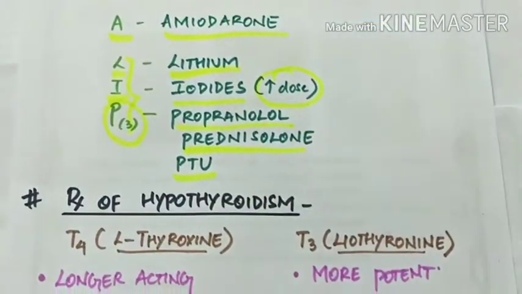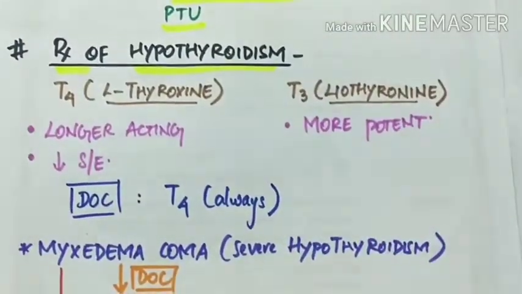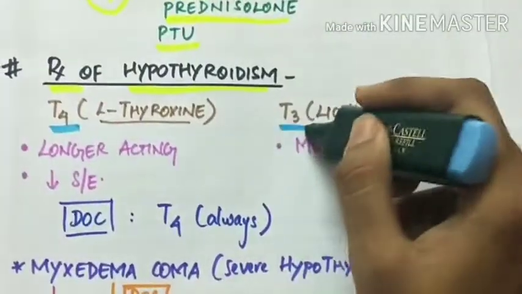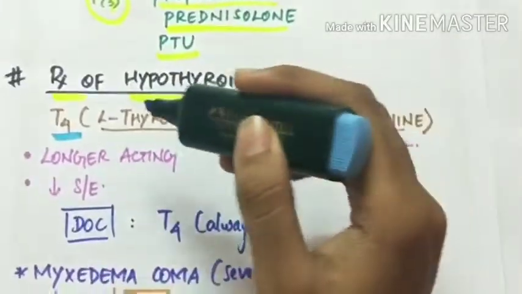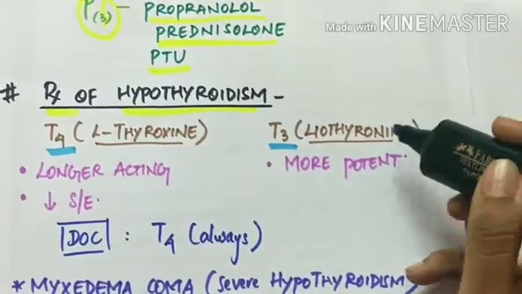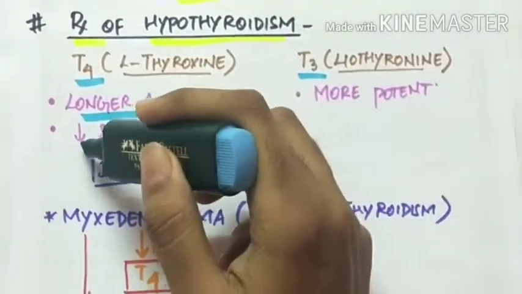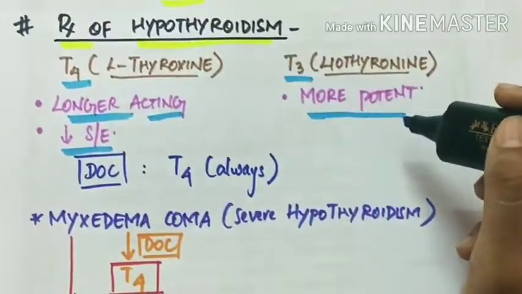Next, let's see about the treatment of hypothyroidism. T4 and T3 are used as treatment. The T4 is L-thyroxine, T3 is liothyronine. So T4 is longer acting and it has fewer side effects, whereas T3 is more potent.